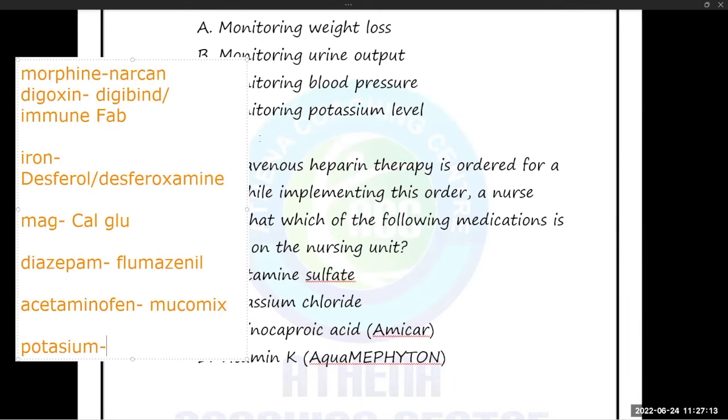Have you heard about what is that called? Kayexalate.